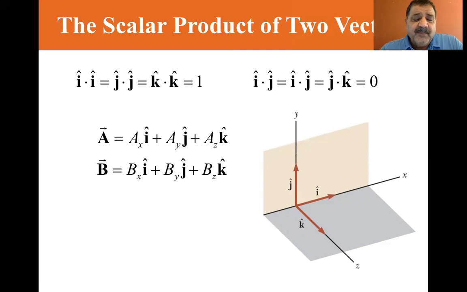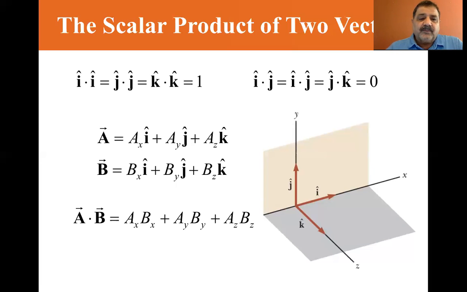And everywhere you have I dot I, J dot J, and K dot K, such as AX I dot BX I, you'll get a 1 between them. So A dot B is equal to AX BX plus AY BY plus AZ BZ. You should be able to prove that to yourself if you do out the long multiplication using the distributive property that we saw earlier.